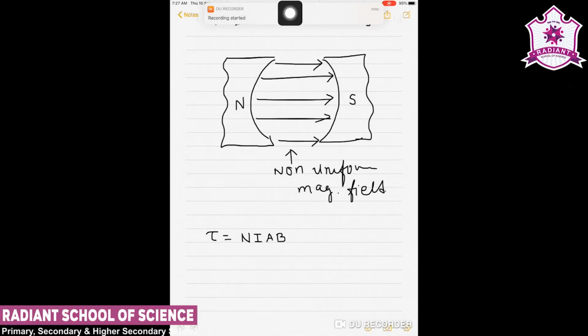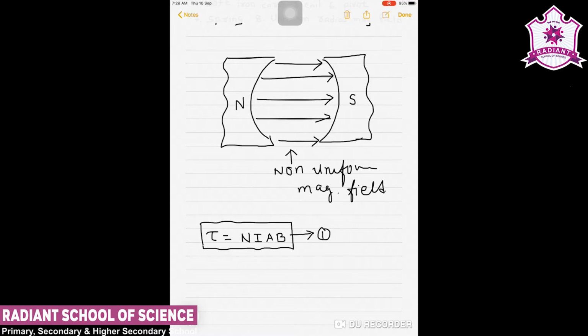So now we can consider that here a special arrangement is also made. In this special arrangement, a spiral spring is provided, which is used to apply a counter torque against this magnetic field.